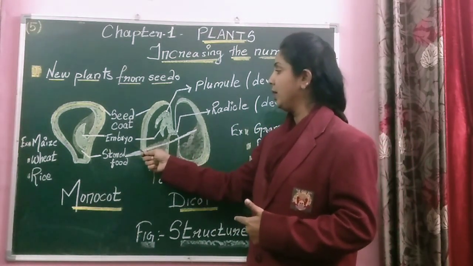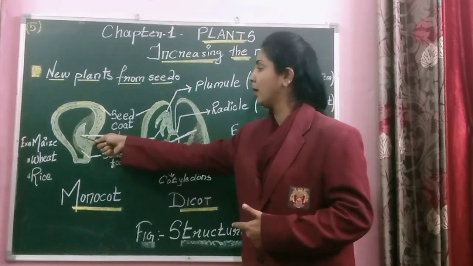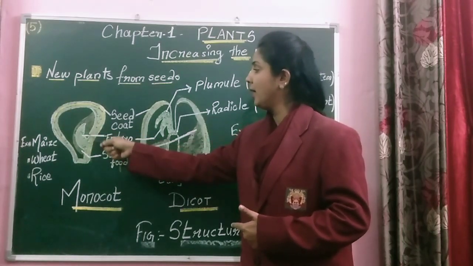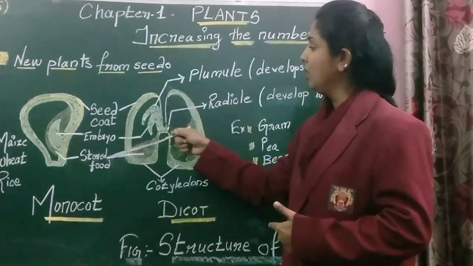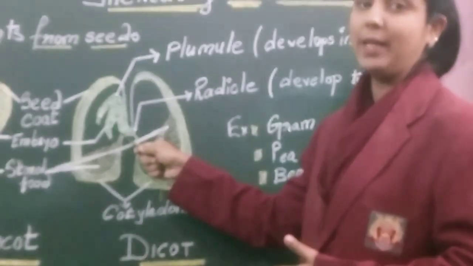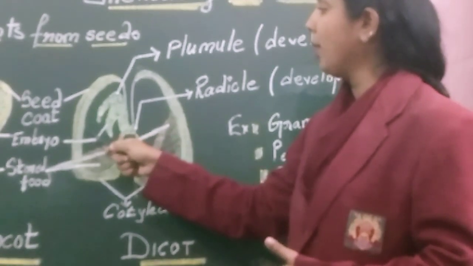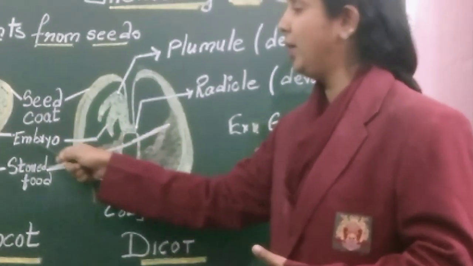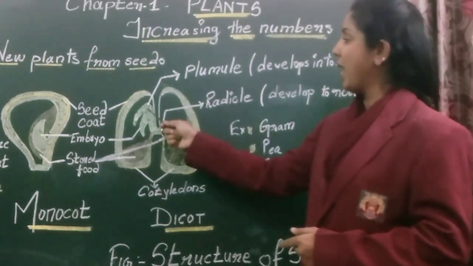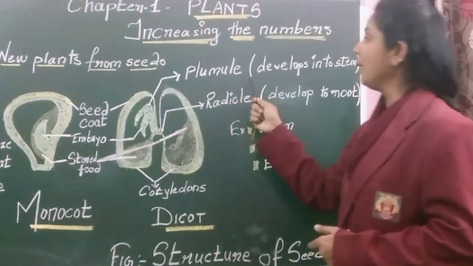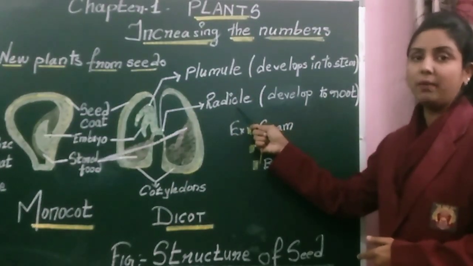Now here, students, this is the embryo part. Here you can see this area is the embryo of the monocot and this area is the embryo of the dicot. Now what is the embryo? Embryo is the baby plant. It has two parts: one is the plumule and another is the radicle.